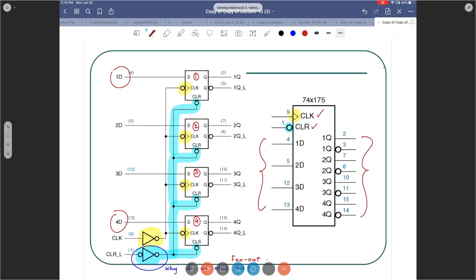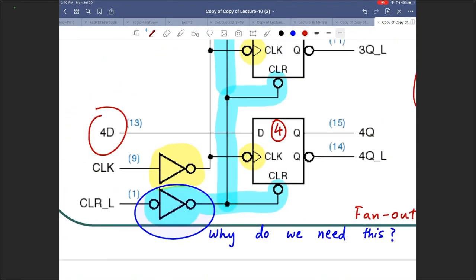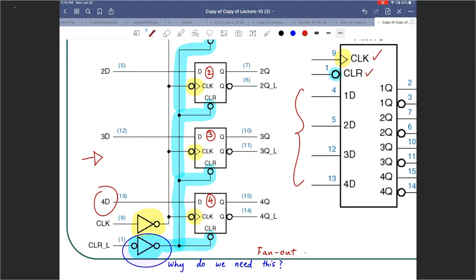There's a question in the chat box. Why would you invert the buffer twice instead of using a regular buffer chip? Oh no, it is a buffer chip. It is just a buffer chip, but we are sketching it like that. The reason we are sketching it in terms of a symbol like that is because you have an active low clear.